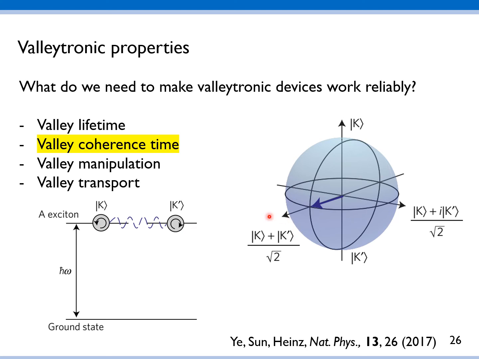And that is this state here, or that state. And if we were to shine circularly polarized light on the sample, we would get this or this state, right? So we want to know for how long we can have this coherence time.